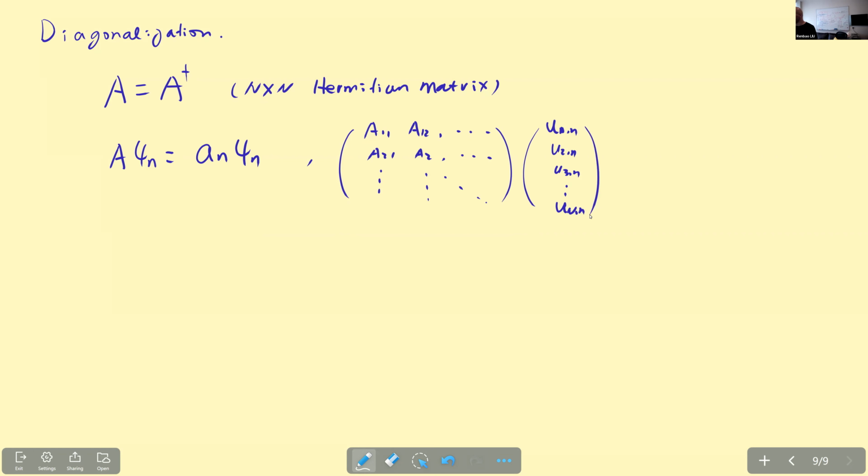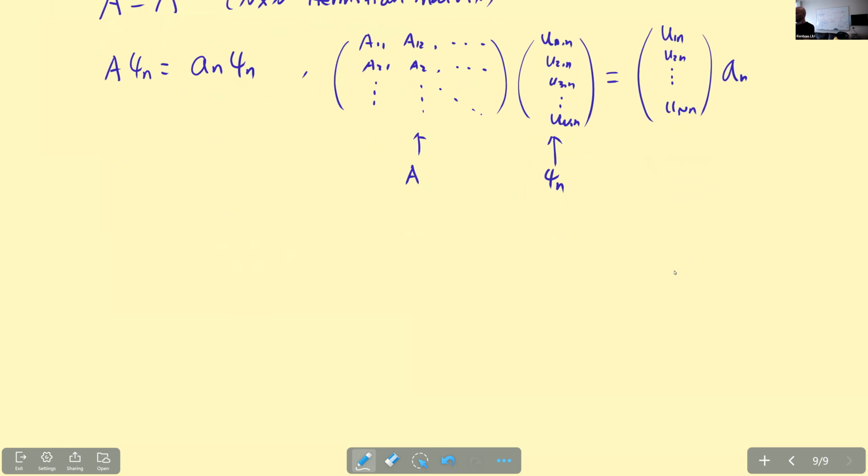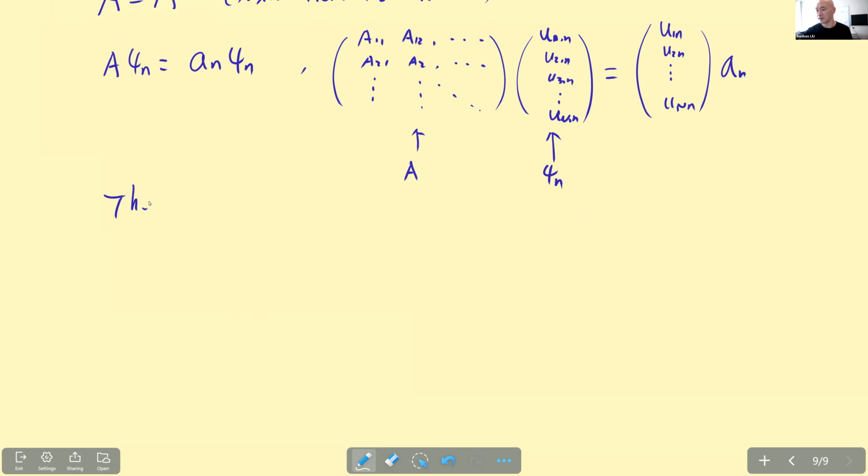So I call this one psi m. Okay, so this is just the matrix A, that will of course equal U1m, U2m, and Unm, times a_m, right? And there will be n such vectors.